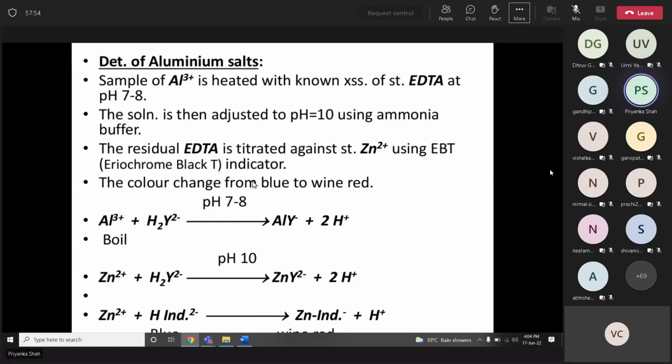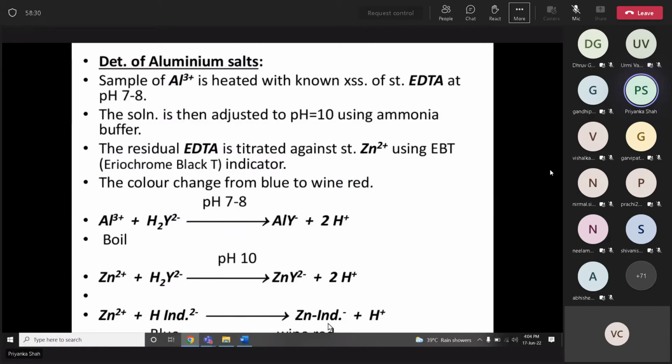You can see the aluminum will form the first complex with the indicator, right? Now what will happen? Then zinc comes from the burette. So what will happen? At pH 10, this will again form a complex, and here you can see this Zn and hydrogen, and this again hydrogen indicator, and then Zn will react with this indicator.